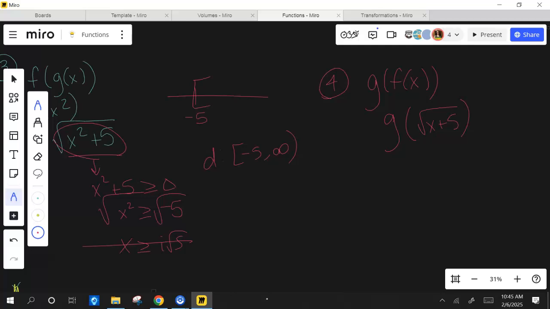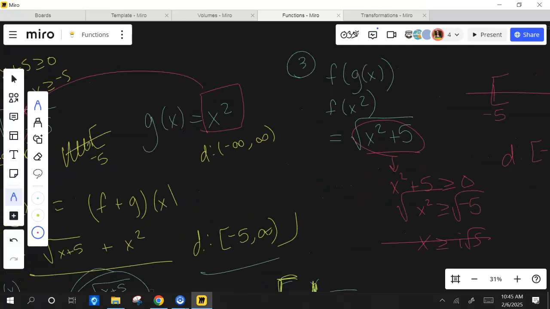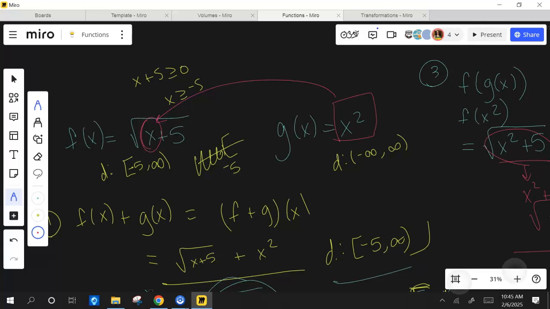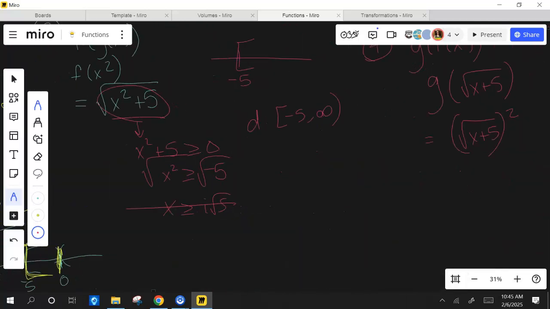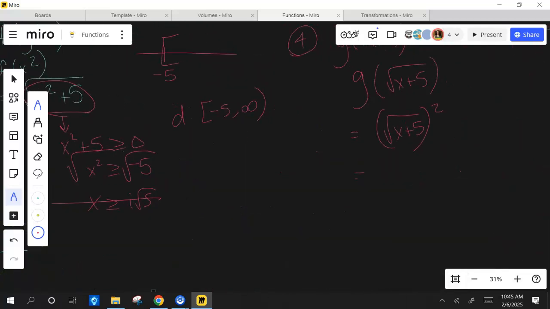It's squared, so the squared is outside. None of this really makes sense.